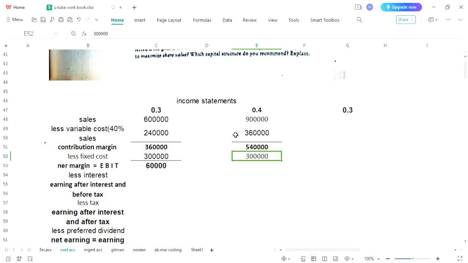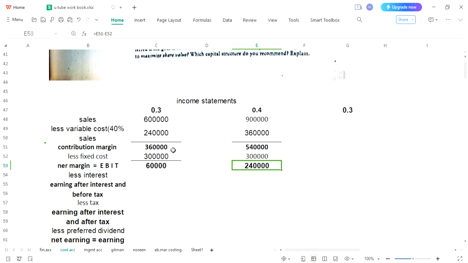After its calculation, we are now open to calculate EBIT by subtracting fixed cost from contribution margin. Contribution margin is 5,40,000 and you subtract fixed cost, which is 3 lakh. So we have got our EBIT for the second option, 2,40,000.